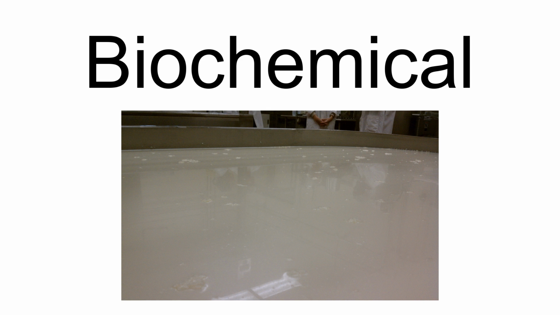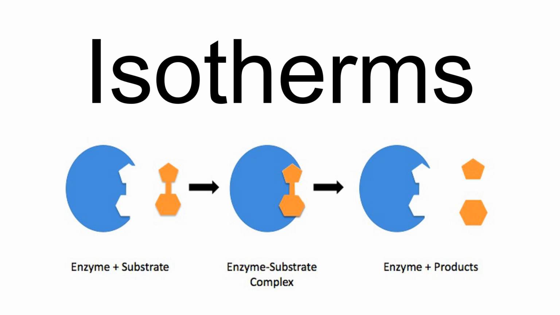Researchers have used a Langmuir-type isotherm model to describe experimental values for protein adsorption. The equation is: gamma equals (V_p C_e K_p e^(w_a/RT)) divided by (1 plus V_p C_e).